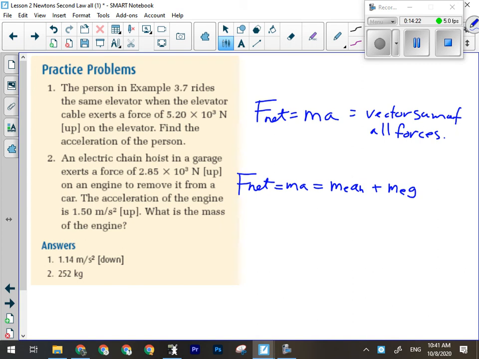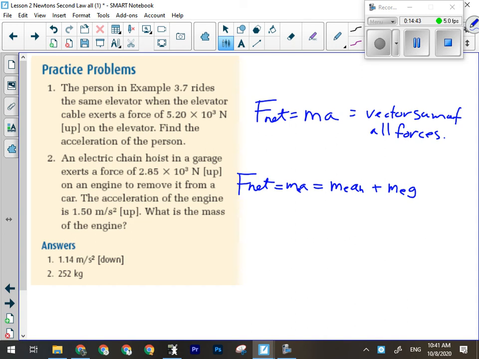Every individual force can be calculated by taking the mass and multiplying by the acceleration that force would produce. So I've got ME times A equals ME times AH plus ME times G.